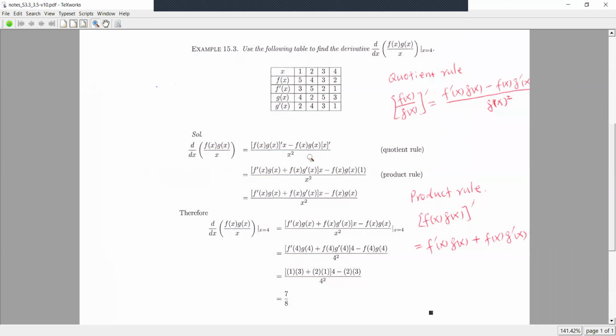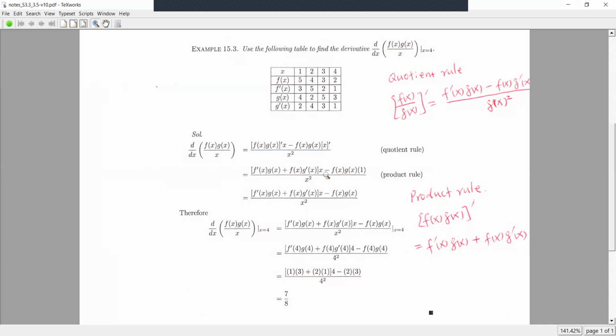In this expression, there are 2 derivatives to compute. This one and this one. Derivative of x is 1. For the derivative of f times g, we can apply the product rule to get this equation.